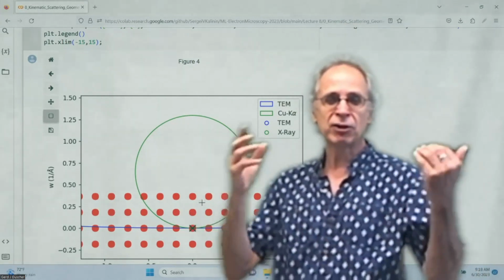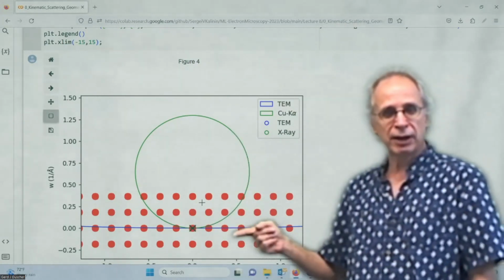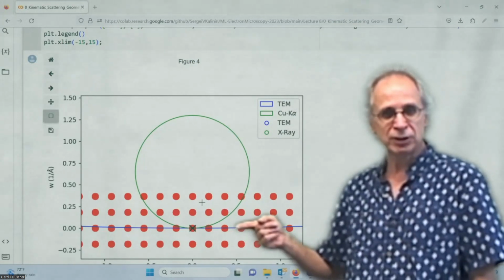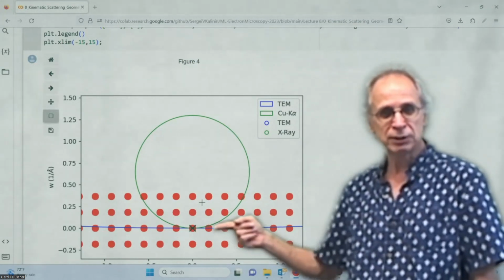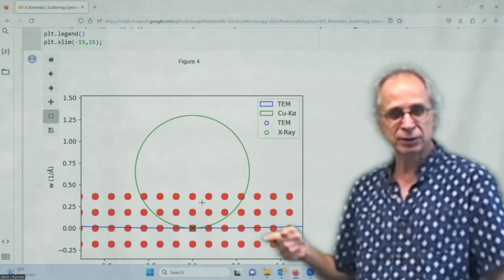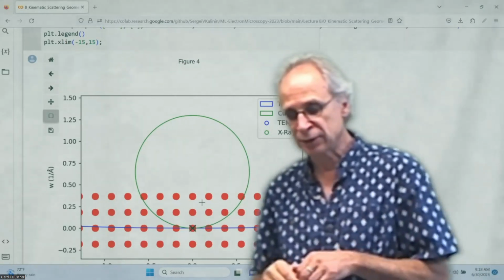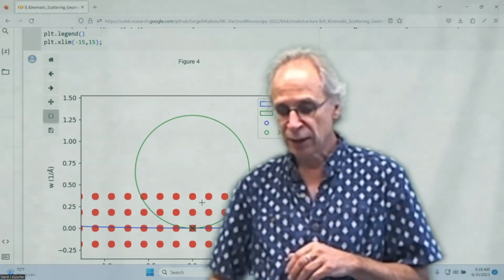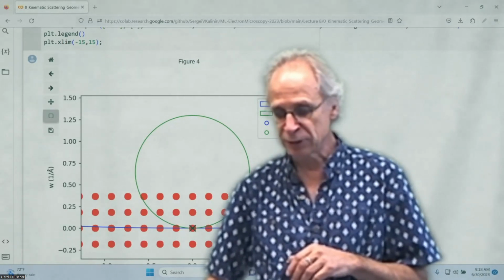It has its advantages, but electron diffraction has the advantage that we are using this flat one, and so we have all of these diffraction patterns at the same time. So that is the difference.